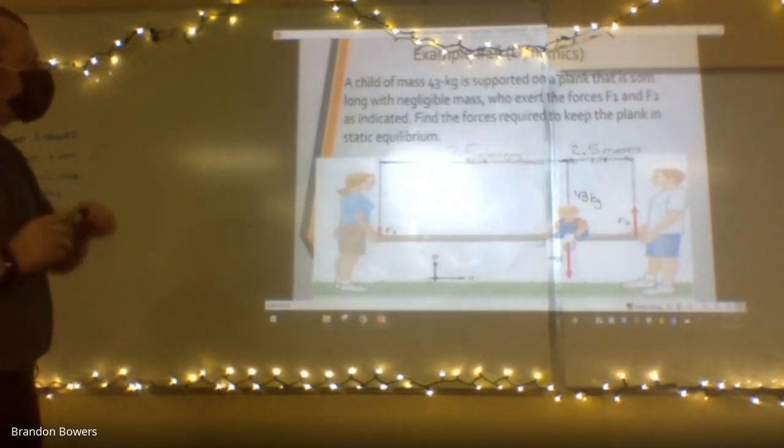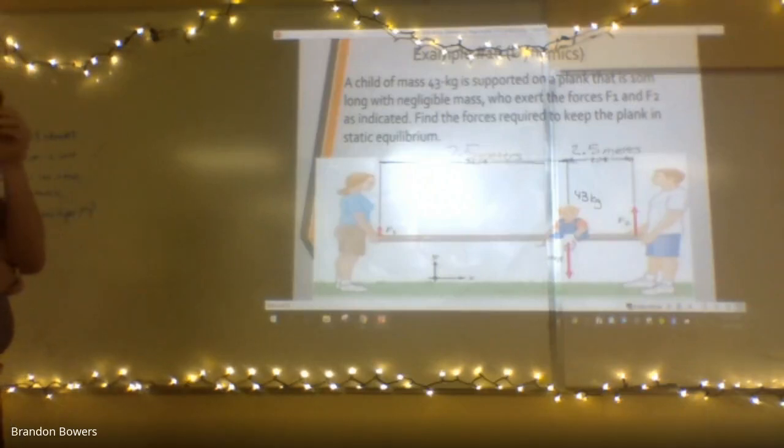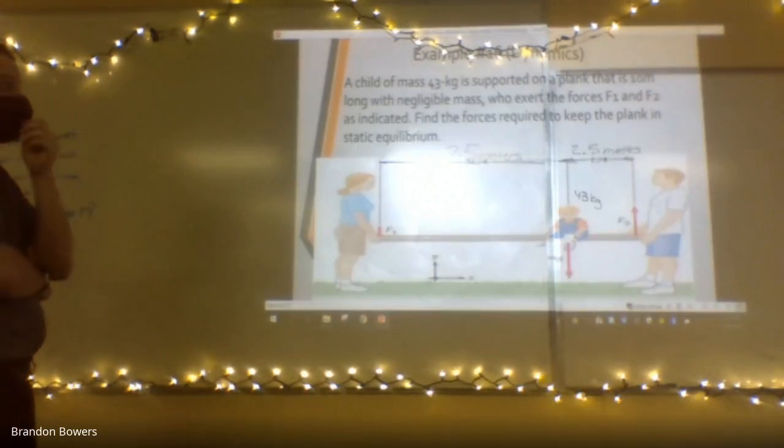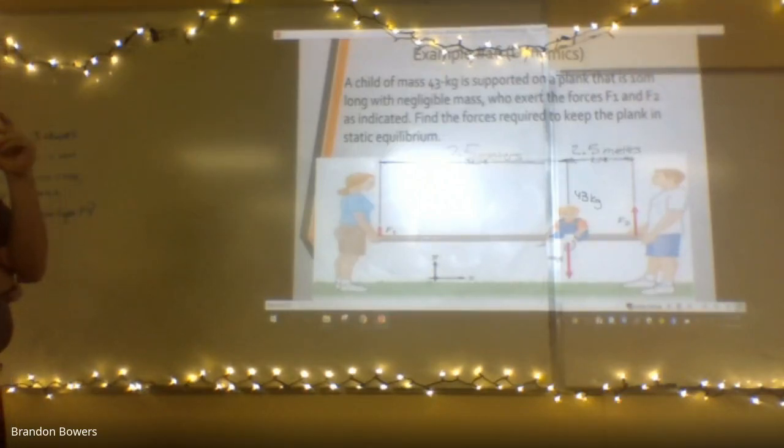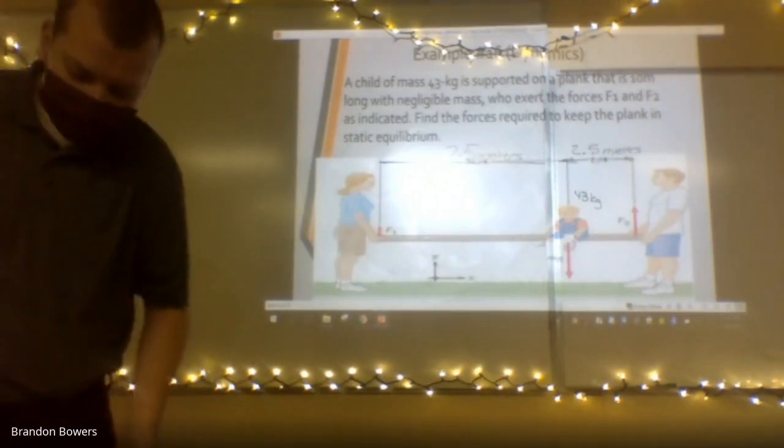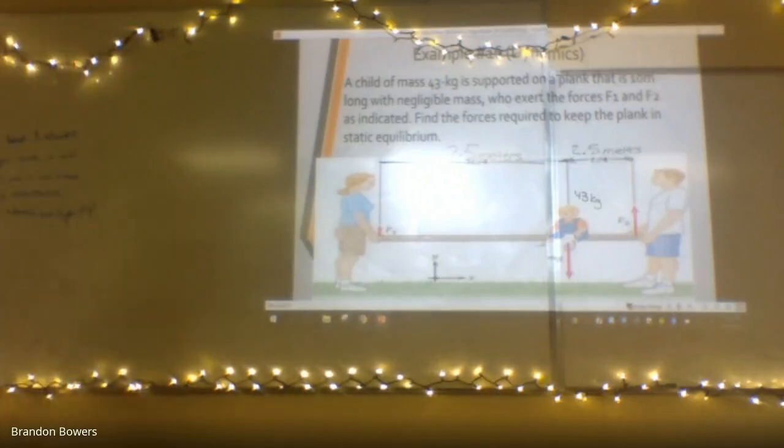Okay. So we got the kid. Now, the plank's mass is negligible. We're just going to ignore the mass of the plank. All right. So when we ignore that, what are the forces F1 and F2 as indicated?